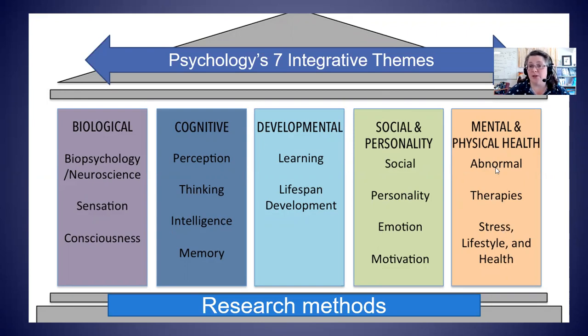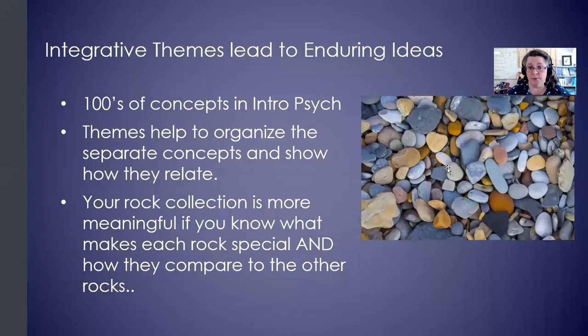They're more likely to talk about disorders and therapies and how to manage your life and stay healthy. And I have some friends who are in this area. They're all about, well, how do we think and remember and things. That doesn't mean that we ignore the others. This is just our primary perspective of the world. However, most psychologists have some familiarity with all of these, and we see them as a whole.